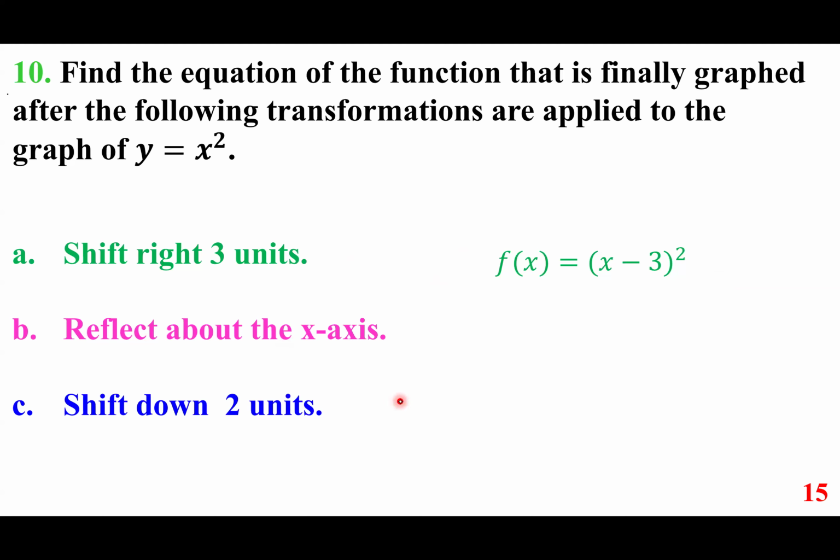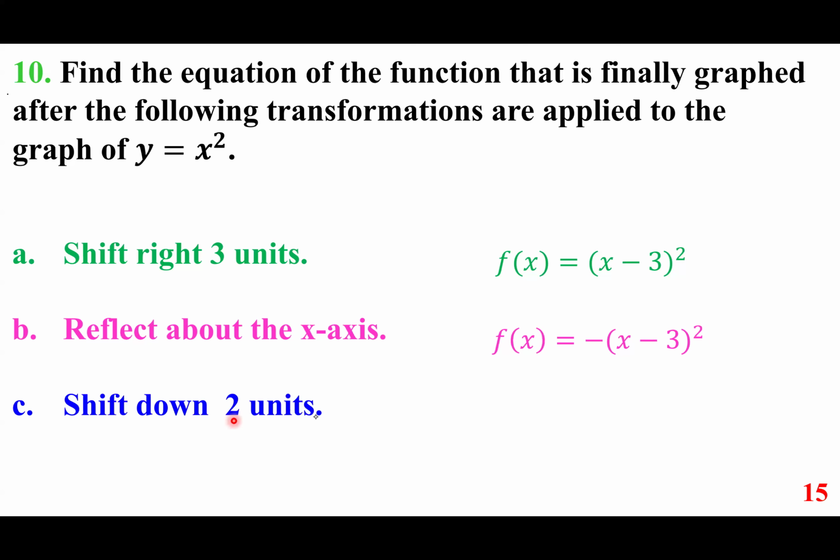Continue the way the question is asked, unless it says do the transformation to the original function. No, we are doing it to this one, which means now we put a negative in front of this and it becomes f of x equals minus parentheses x minus 3 quantity squared.